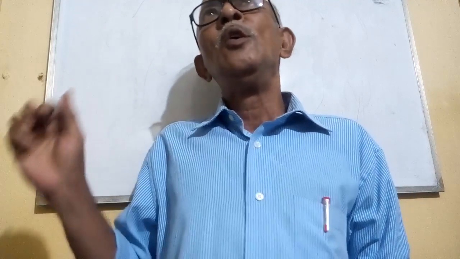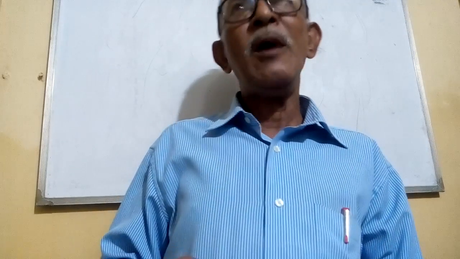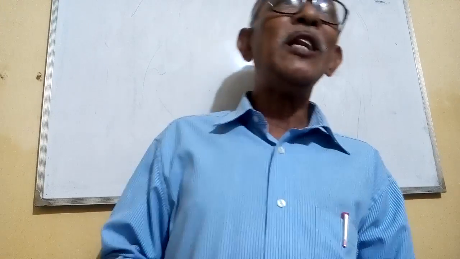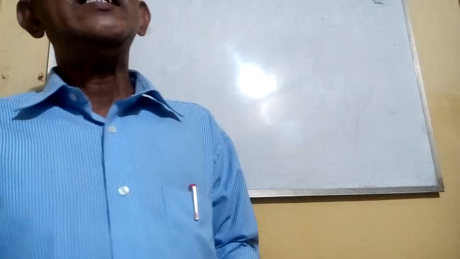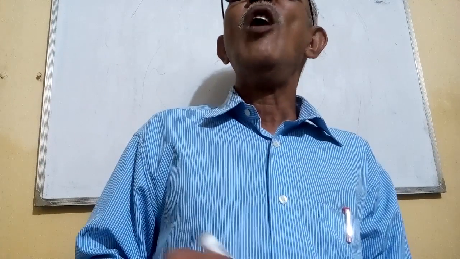Now we will discuss maxima and minima of a function. From the name itself, it shows that we are interested to know when the value of a function will become maximum or minimum.